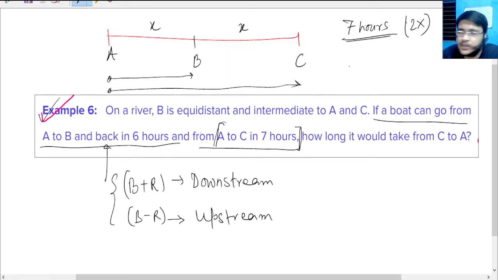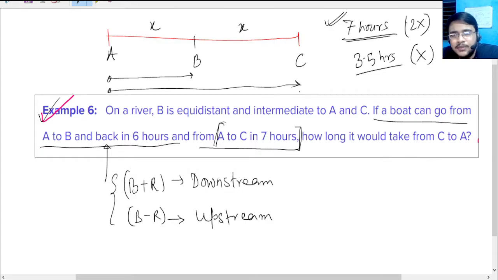Okay, total distance is 2x, right? So how much time will it take to go half of the distance? What I would rather say is, because I know that one part of my distance is covered in 7 hours, half of that should be covered in 3.5 hours, right?